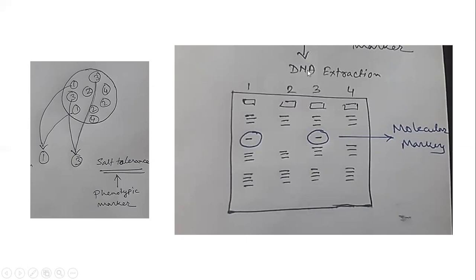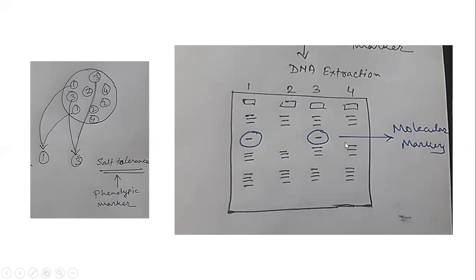This is the physical map where we can find that one or two banding patterns are different compared to others. Here plant 1 and plant 3, which I found to be relatively salt tolerant compared to plant 2 and 4, produce two unique bands in their banding profile, or in their physical map.